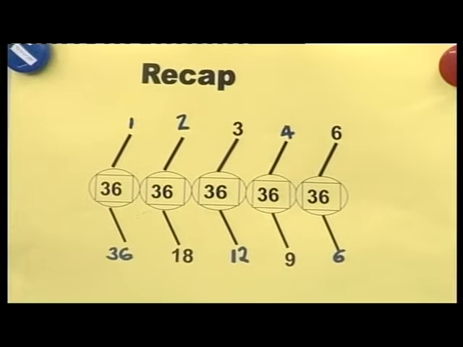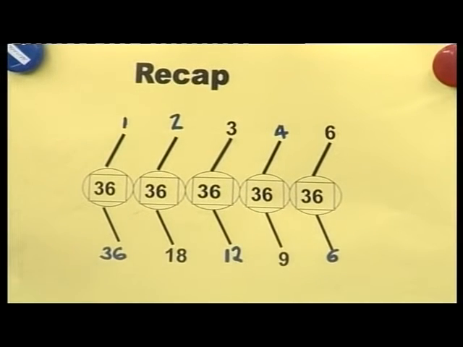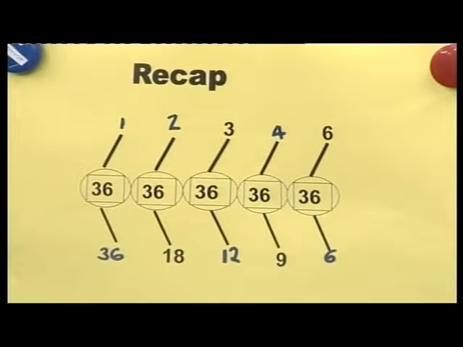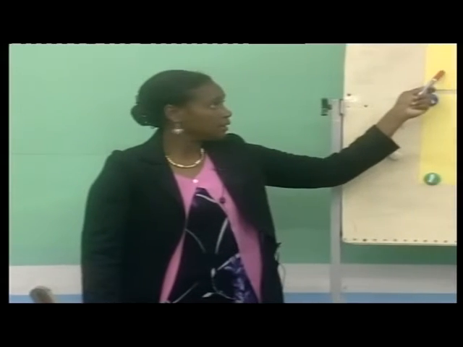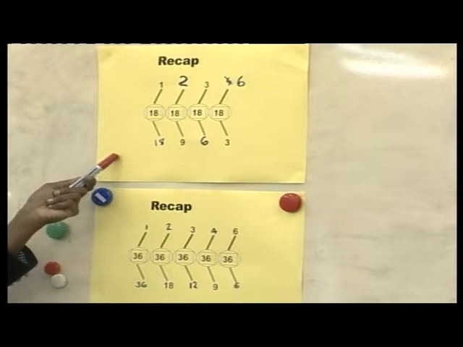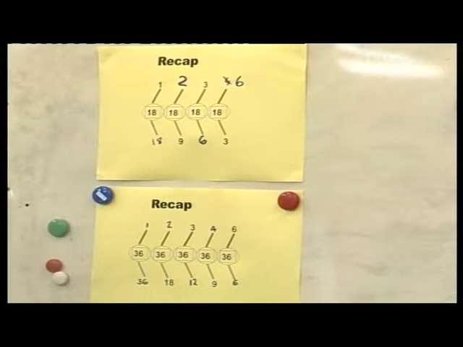So these are factors of 18 and 36 that you should have done first in order for you to work out the common factors from the two. So together now from this chart, I'd like us to work out what are the common factors that are found in this chart and also this one here, the factor pillar of 36.